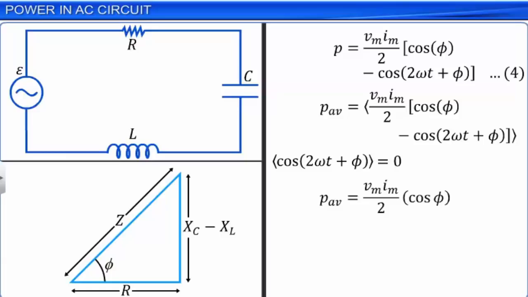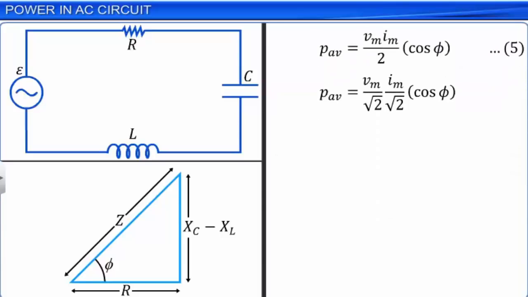The same expression can be written as Vm by root 2 into Im by root 2 into cos phi. We know that RMS values of the AC voltage and the current are given as Vrms is equal to Vm by root 2 and Irms is equal to Im by root 2.